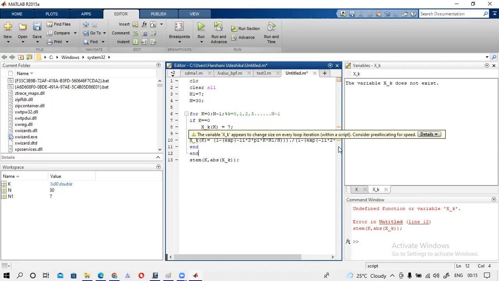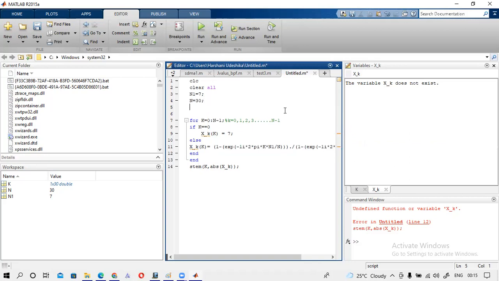So we are asked to pre-allocate for speed. Okay, so we can pre-allocate it. That means we can assign an empty, not empty, value. We can set this xk value, from 1 to n.